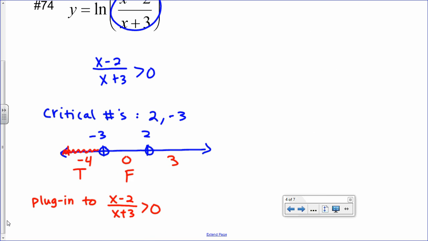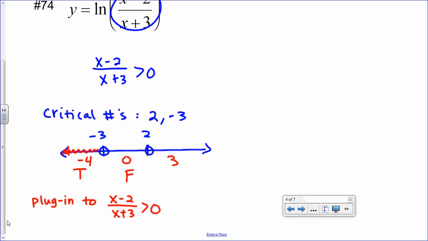Yeah. How is the first one true? So that's negative. What about negative? Well, you shouldn't get negative. Negative 4. Right, so if you plug in negative 4, that's negative 6 on top and negative 1 on bottom. And a negative over negative is positive, which is greater than 0.